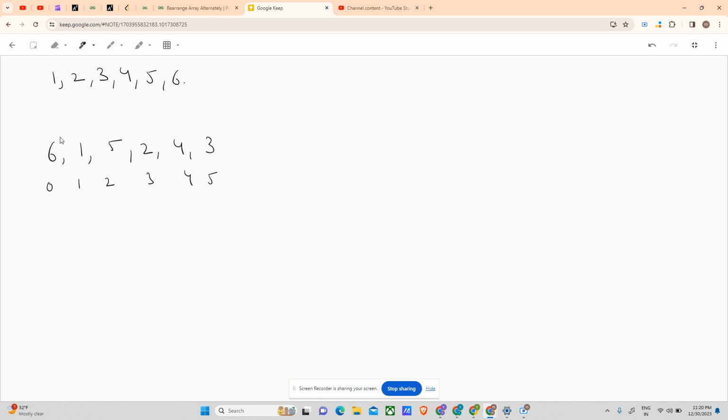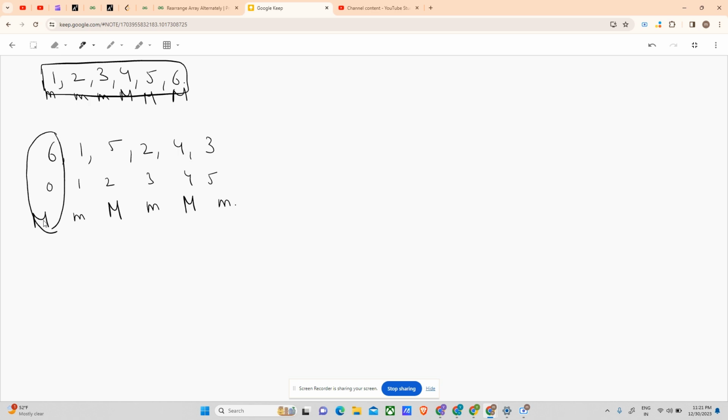Now in this array, 6 is coming from the maximum side, 1 from the minimum side, 5 from the maximum, 2 from the minimum, 4 from the maximum, and 3 from the minimum side. And if you can see now, maximum always occurs at even index in the final array, and minimum always occurs at odd index in the final array. This is our fact 1.